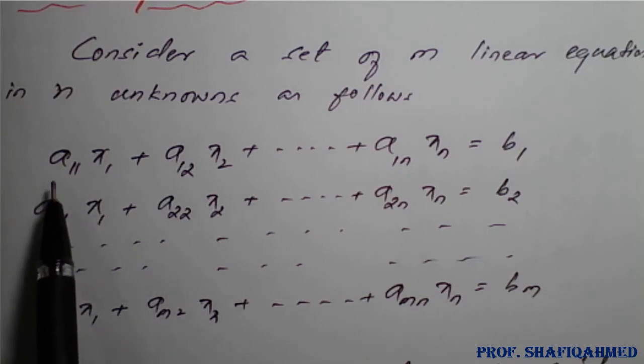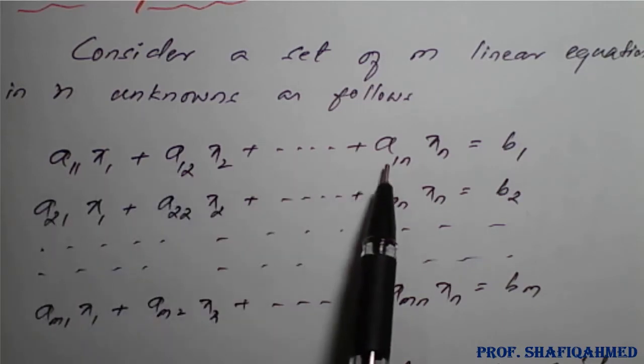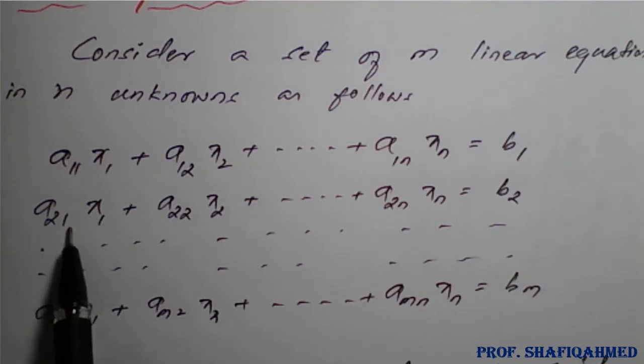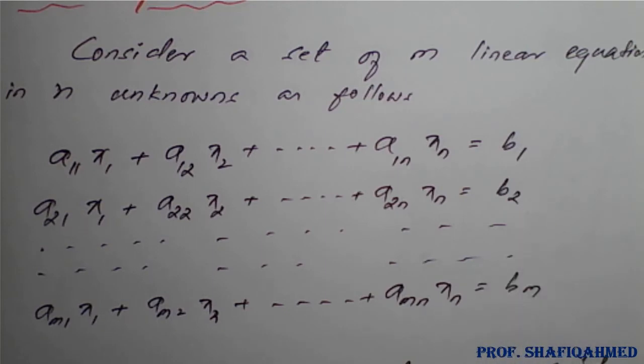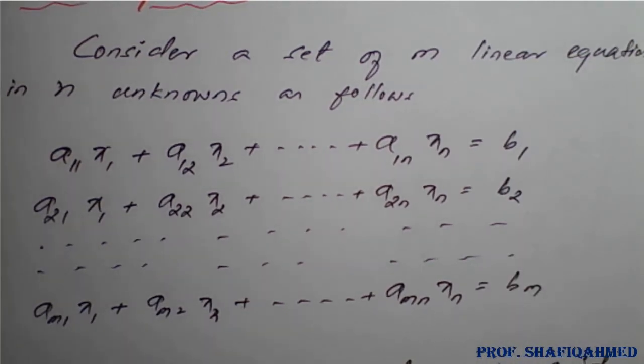Here a11, a12, a1n, similarly a21, a22, a2n, and b1, b2, so on bm, are all constants.